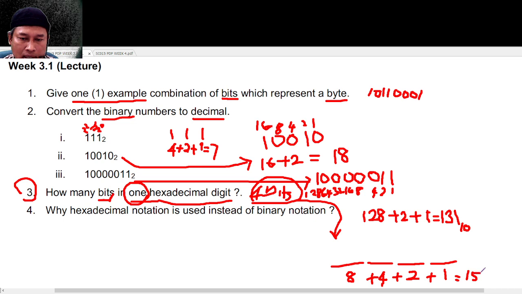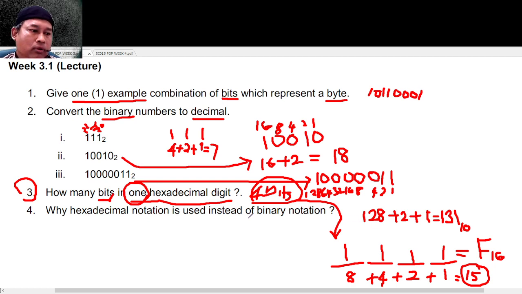That means 15 in hexadecimal is F. 1, 1, 1, 1 equals F based on 16. So one symbol of hexadecimal numbers is 4 bits.